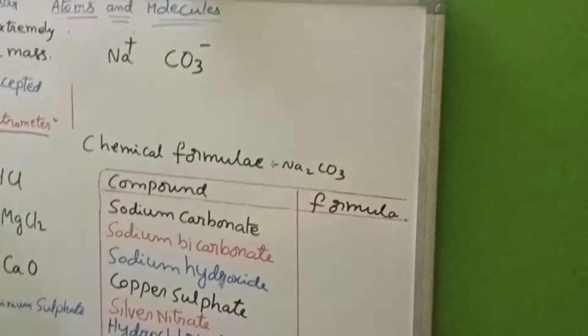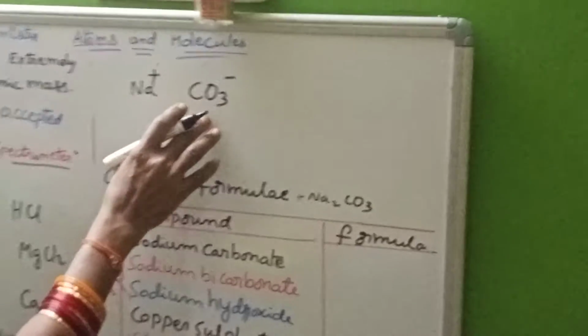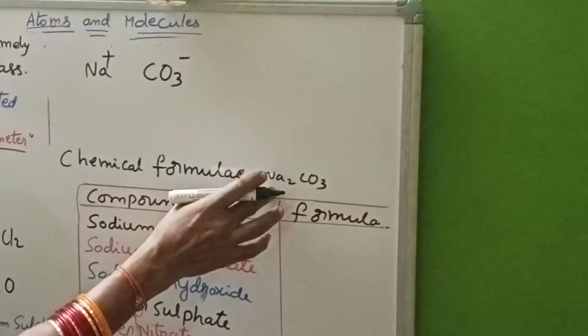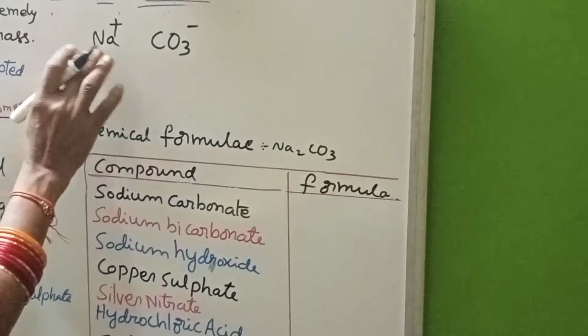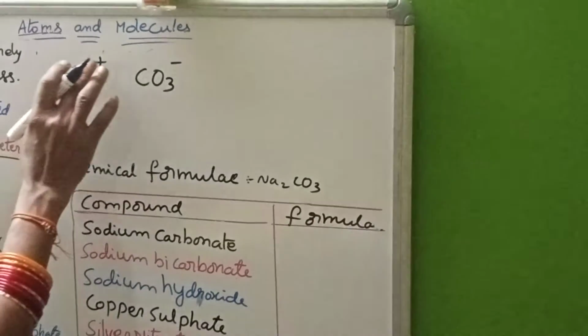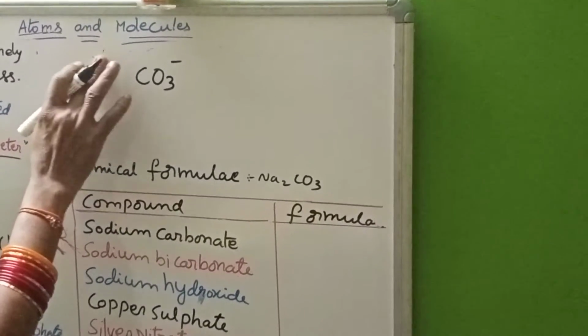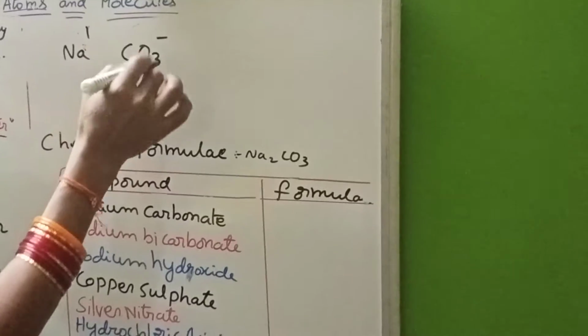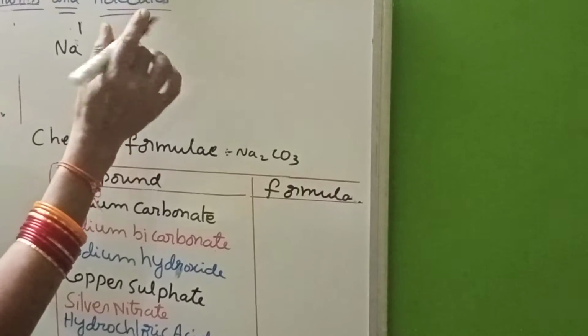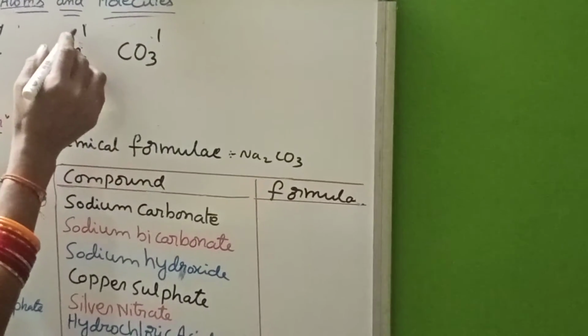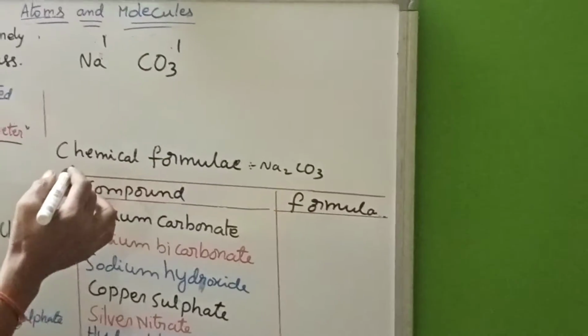Oppositely charged ions attract each other and a new compound is formed. Sodium is from the first group, so its valency is 1. And carbonate, in the previous table you learned, has a valency of 2. Here +1 means the other is negative.